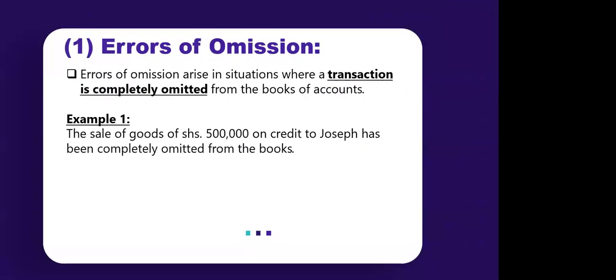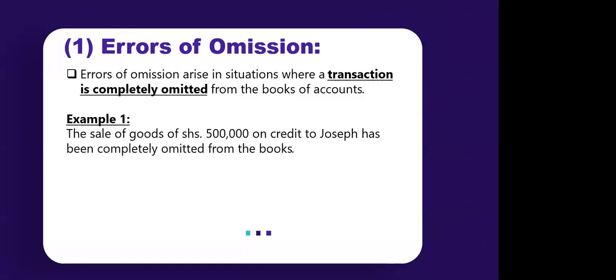So we have errors of omission. Errors of omission arise in situations where a transaction is completely omitted from the books of accounts. Now, in the scenario we had in number 1, it is very easy for you to think it is an error of omission. It is not.